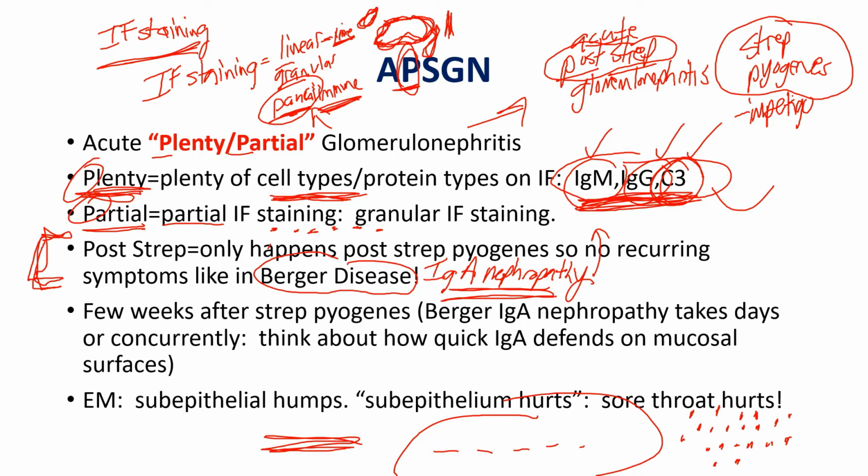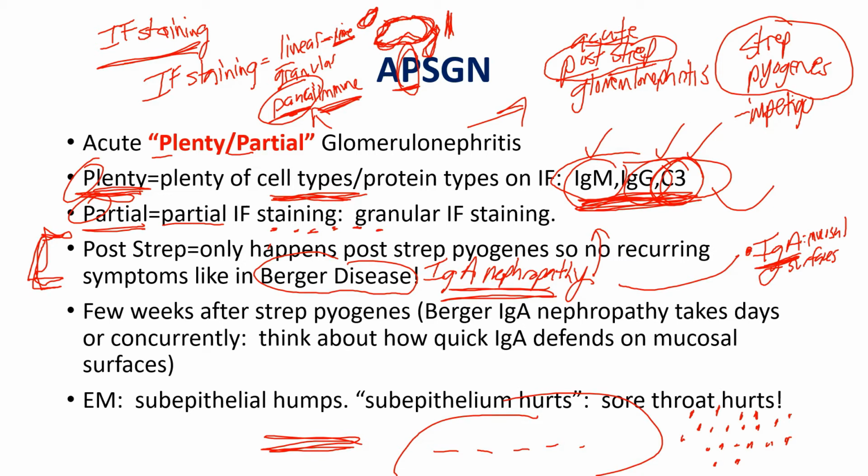The reason that it's important to know that this is not recurring is because in IgA nephropathy, if you remember what IgA does, your immunoglobulin A is at mucosal surfaces. So think in your mouth, in your GI tract, wherever there's a mucosa, in your nose, whatever it may be. And this IgA is responsible for destroying the disease before it gets into your body, whatever it may be. Bacterial infection, it doesn't matter.